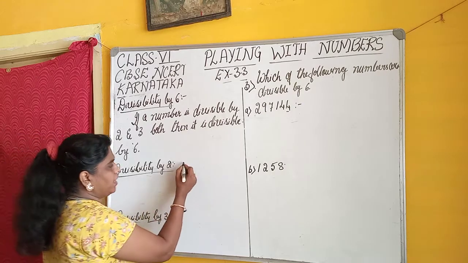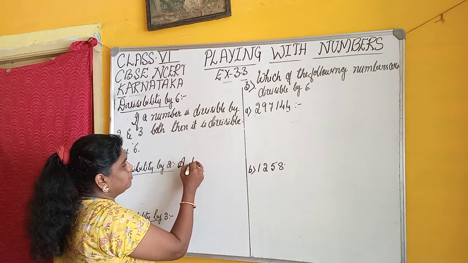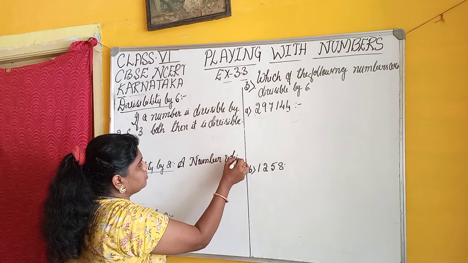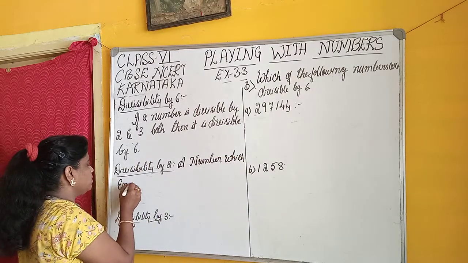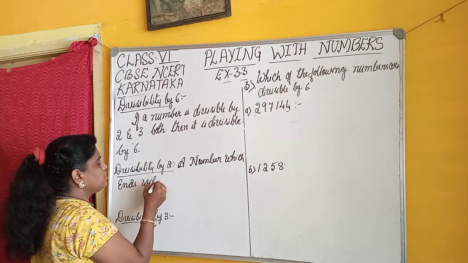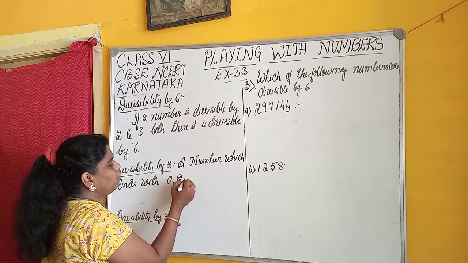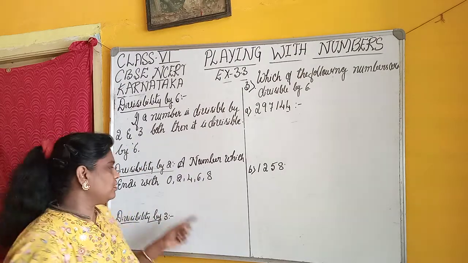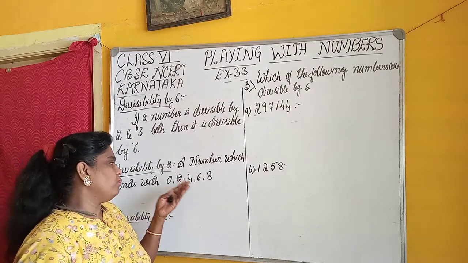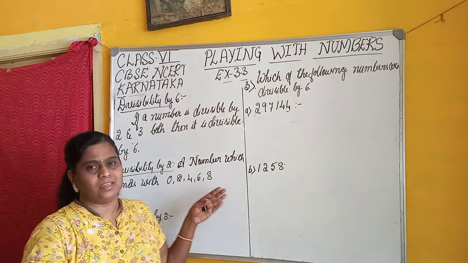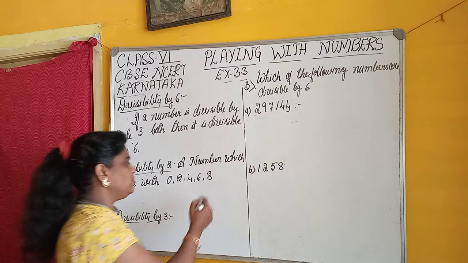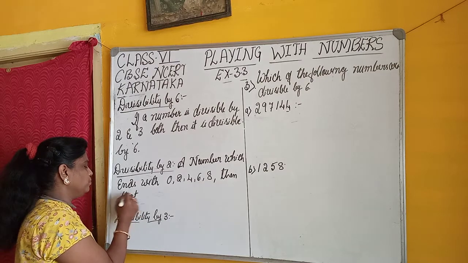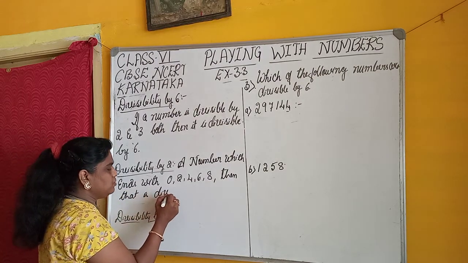A number which ends with digits 0, 2, 4, 6, 8, or otherwise any even number, is divisible by 2.